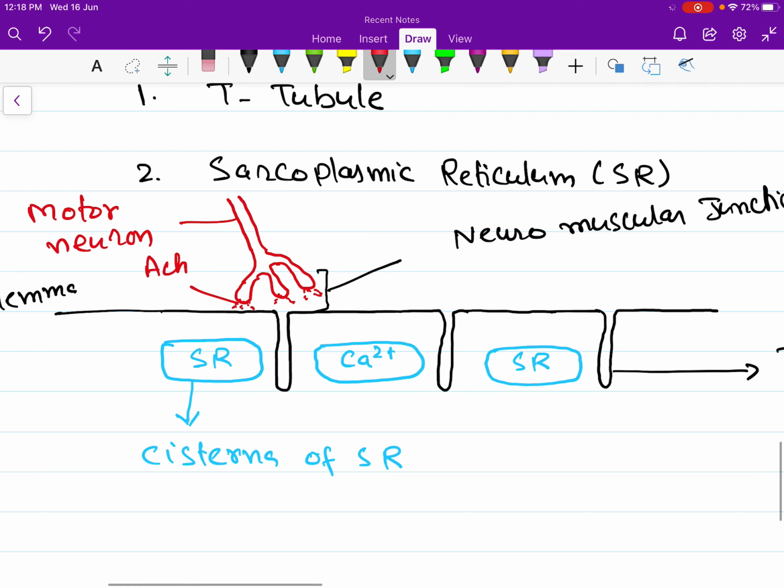This acetylcholine will then bind with its receptor located on the sarcolemma. So the sarcolemma has receptors for binding the acetylcholine neurotransmitter. Once this acetylcholine binds with this receptor, it initiates depolarization, it initiates the muscle contraction, and then the muscle will contract, which we will discuss in the next video.